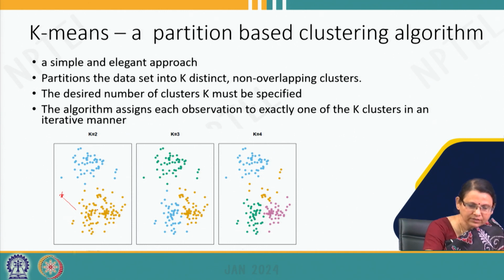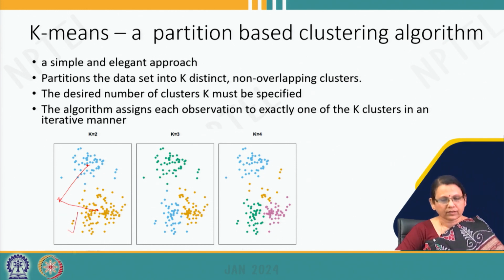Let us say this is the cluster center here, this is the cluster center here, and this is the point. This is the distance, and visually we can see this distance is more, this is less. So, even if this appears to be an outlier, it will become part of this yellow cluster.